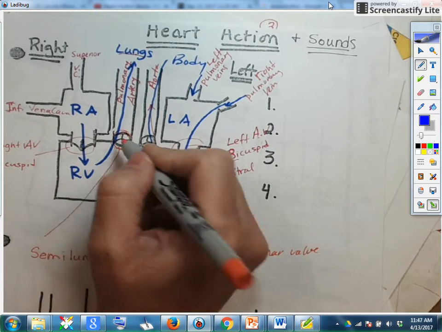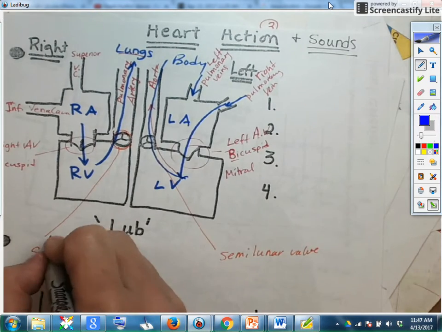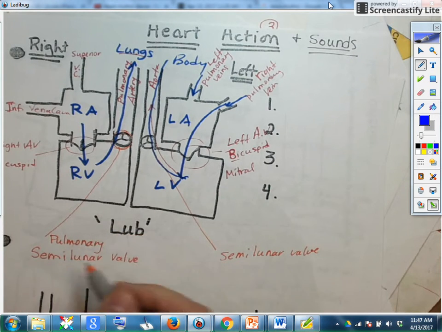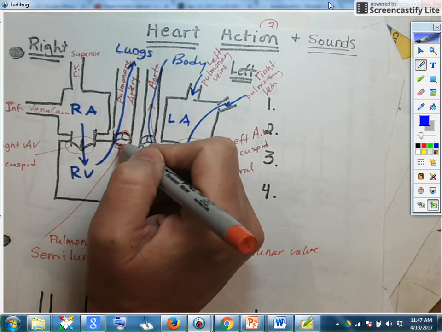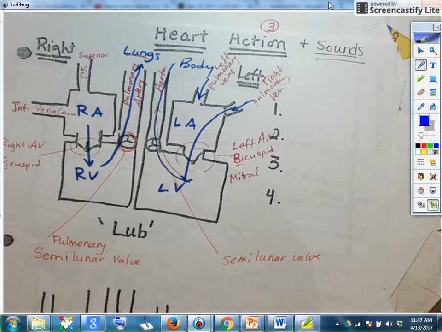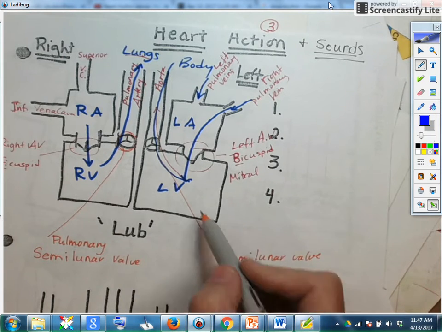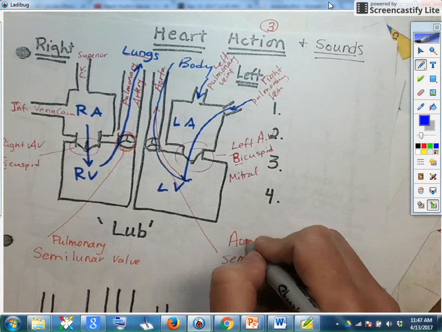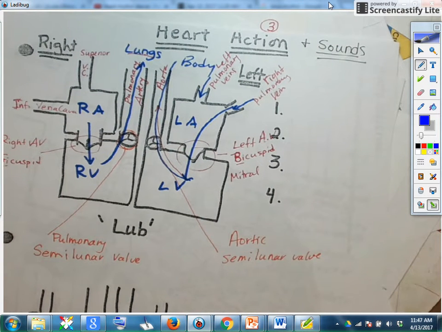And where's it going? Pulmonary, so that's the name. This is the pulmonary semilunar valve because it is the valve in the pulmonary artery. And this is tricky here. This is the valve of the aorta, so this is the aortic semilunar valve.